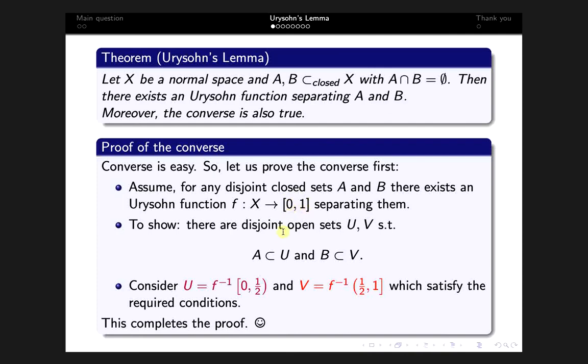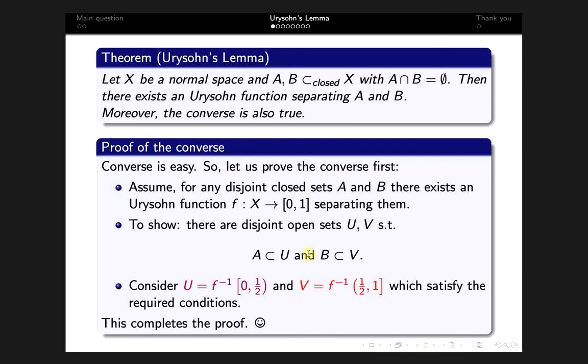Basically, [0, 1/2) is equal to [0, 1] intersected with (minus infinity, 1/2), so this is open, and f inverse of this open set is U. So U is open because f is continuous, and similarly V is also open.